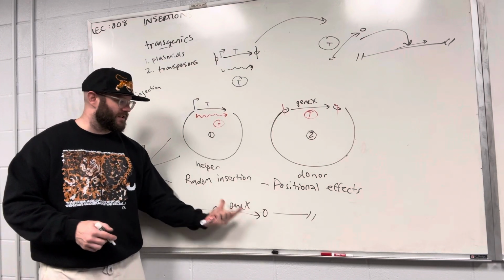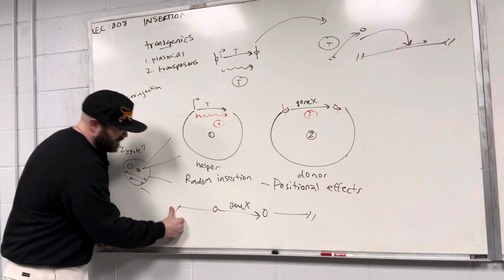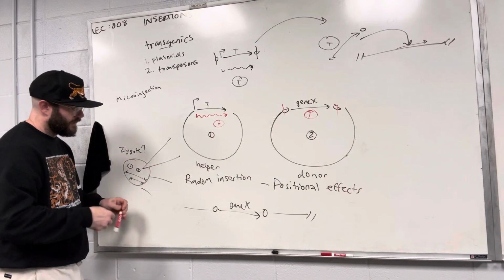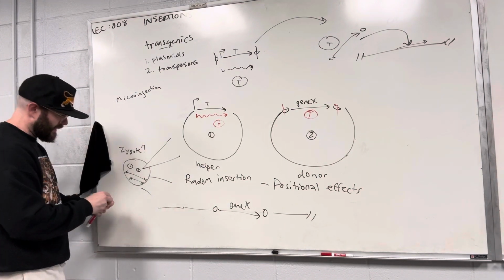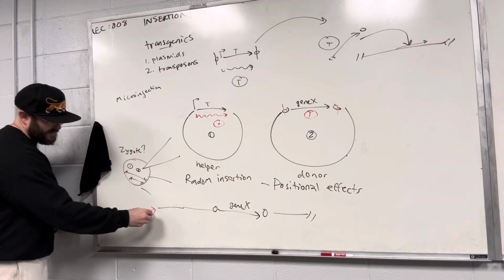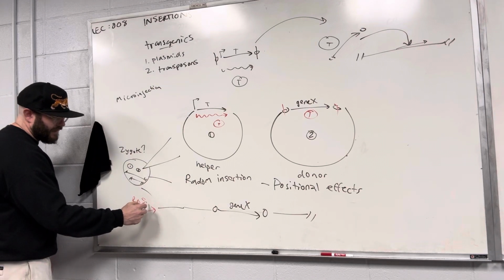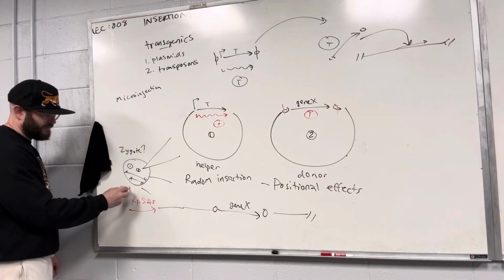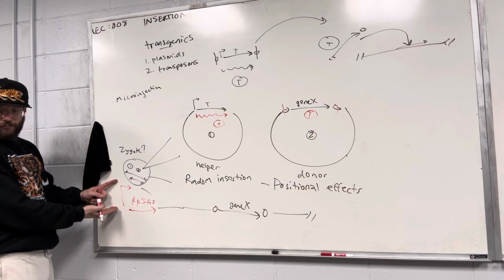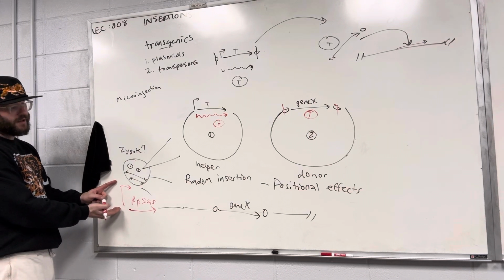Another type of positional effect is you might have upstream some gene, let's say a ribosomal protein subunit, I don't know, 25, just saying something random. And let's say this is really, really abundantly expressed.